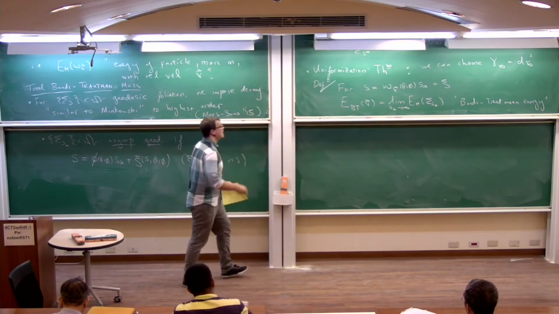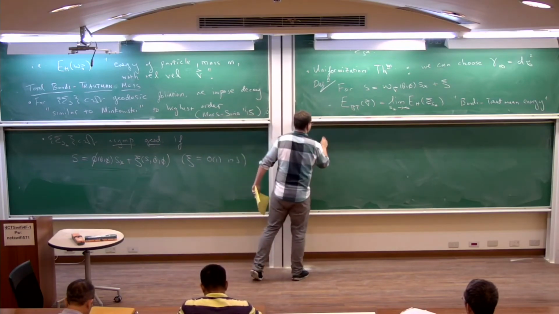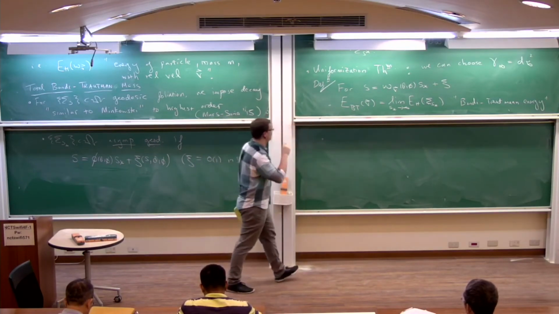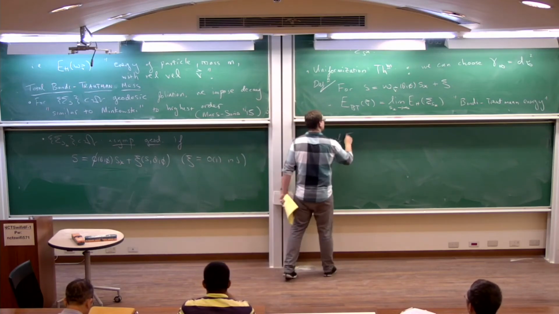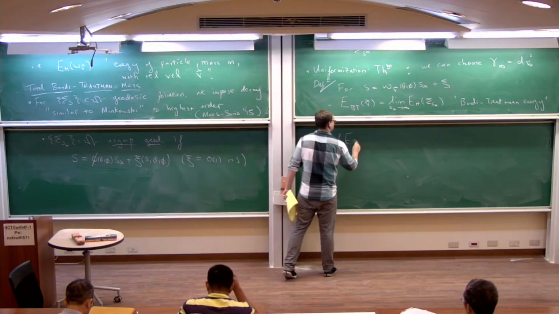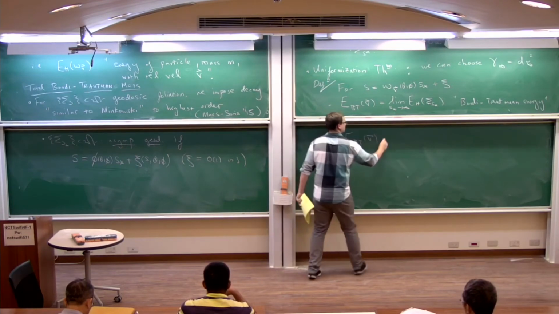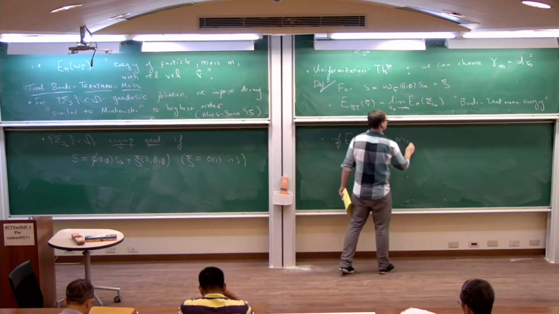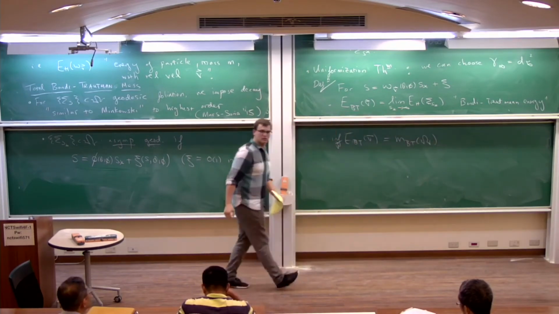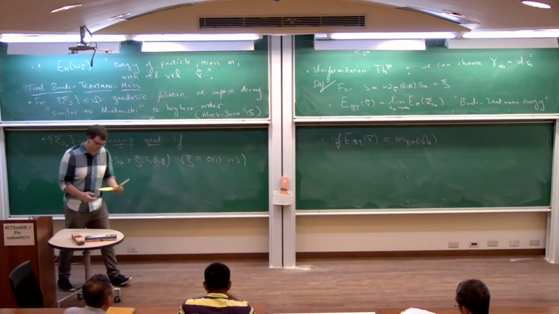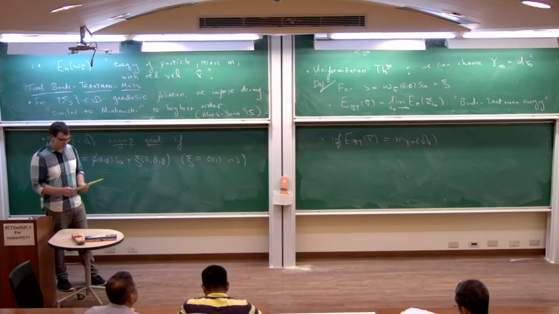And from that, we define mass to be the infimum over all V. This is the Bondi-Trautman mass of omega. Okay, so that's how we get hold of a mass for omega.